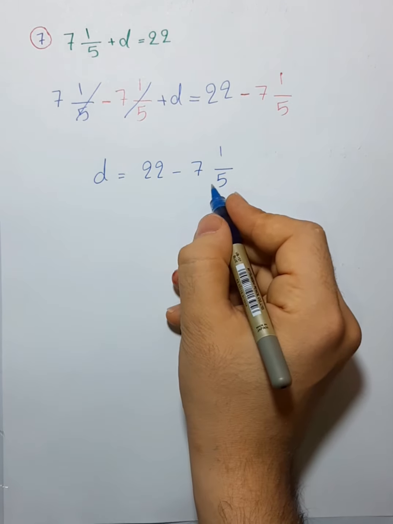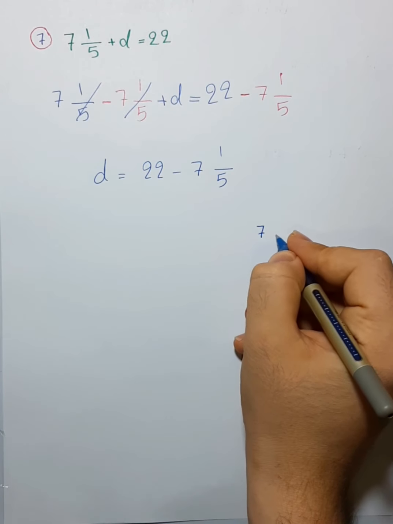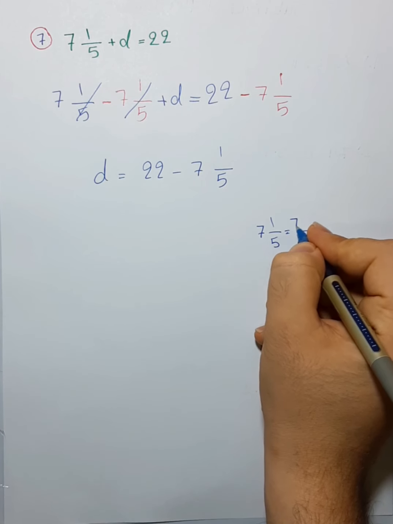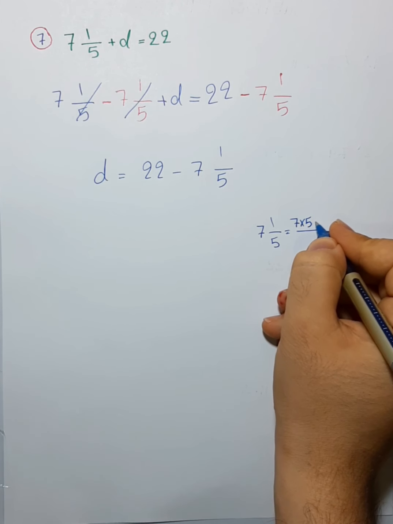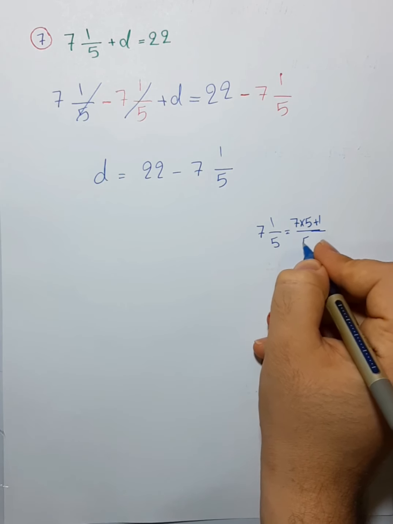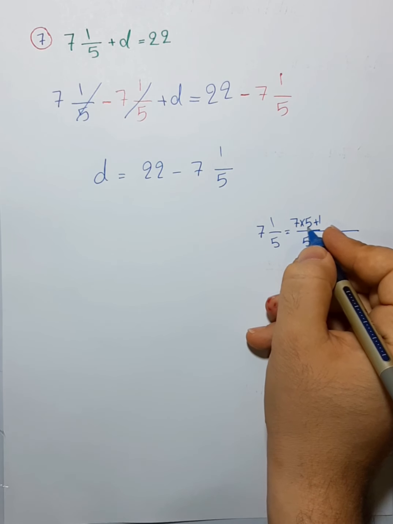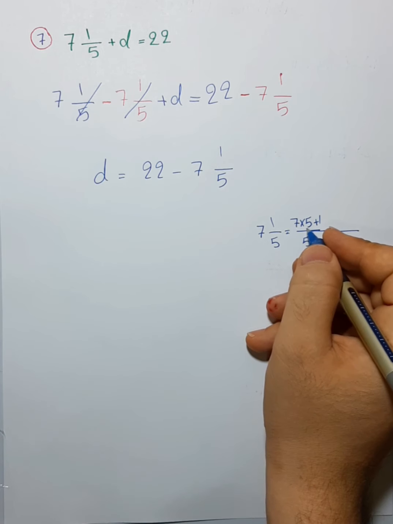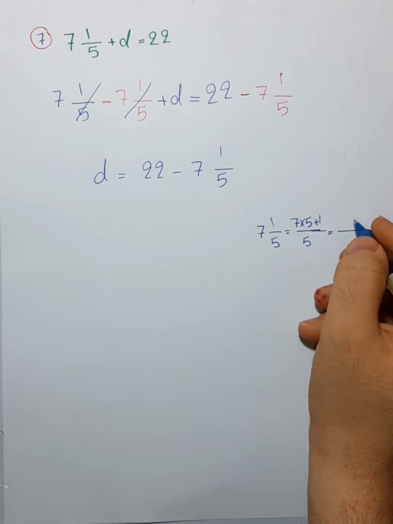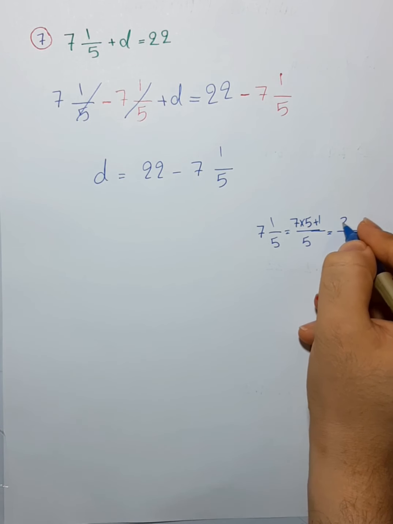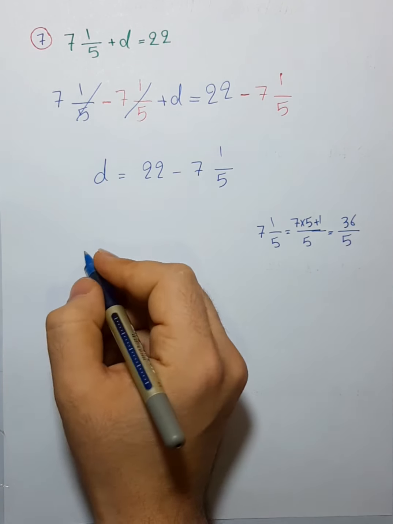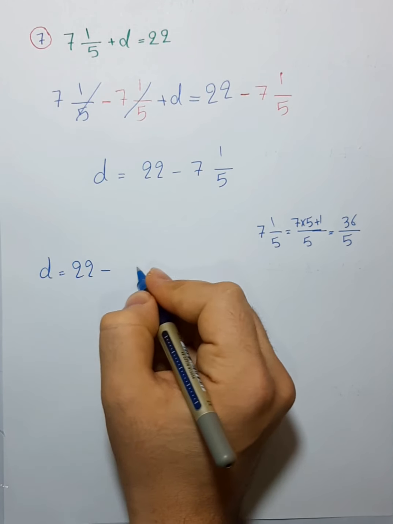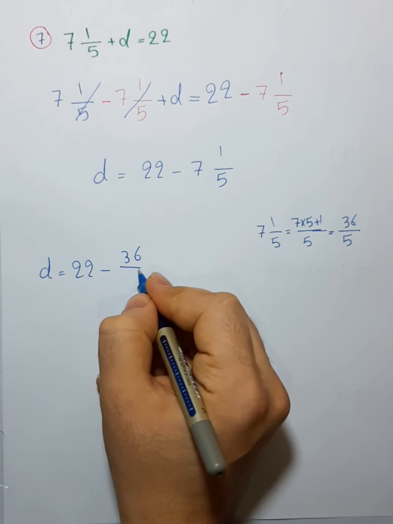We have to change this mixed number to a fraction by this rule. 7 and 1 out of 5 equal to 7 times 5 plus 1 out of 5. 7 times 5 is 35, plus 1 equal to 36 out of 5. So d equal to 22 minus 36 out of 5.